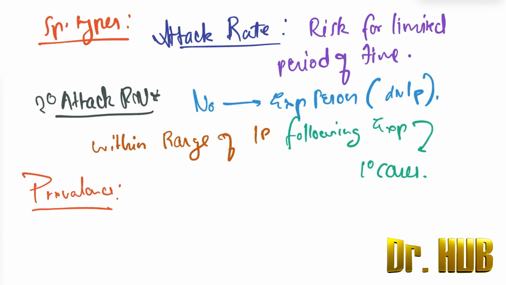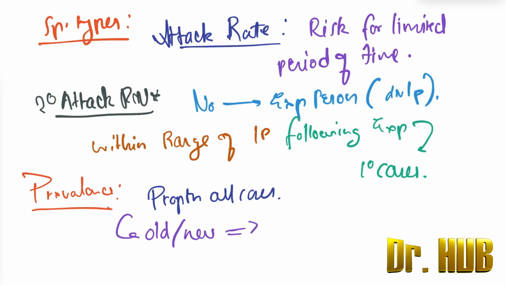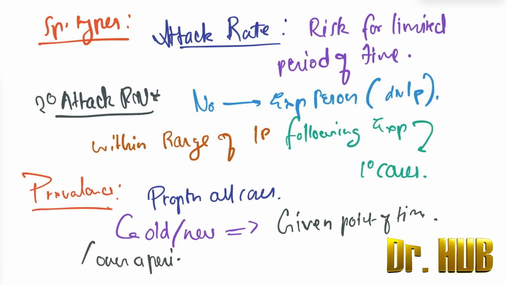Prevalence is the proportion of all cases, old and new, of a particular disease at a given point in time, and also over a period of time, in a given population.